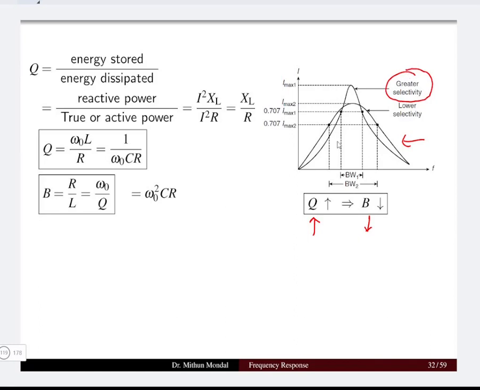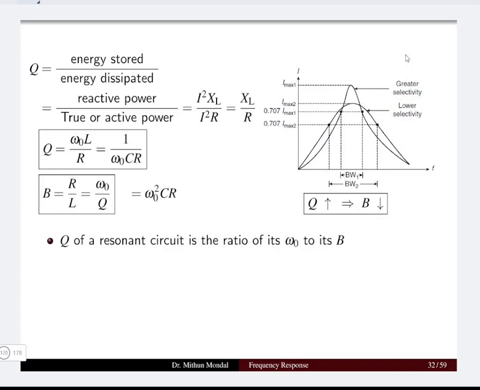If we see, the bandwidth is less. If the bandwidth is less, obviously the quality factor will be more and the circuit will be of greater selectivity in nature. Whereas for the lower selectivity curve, the bandwidth will be more. Generally in communication networks, we go for greater selectivity networks.